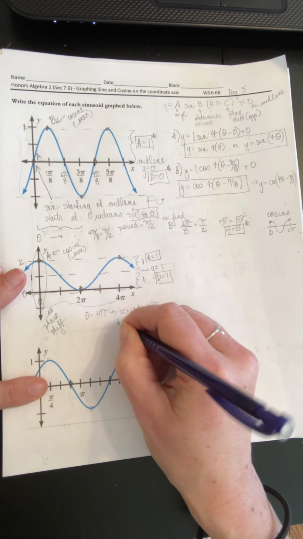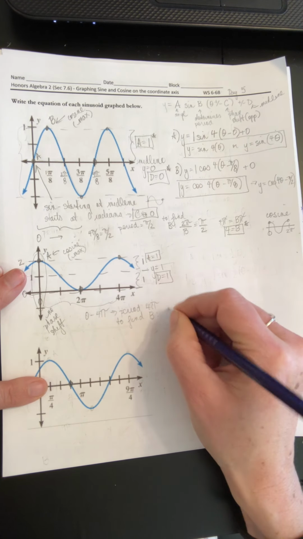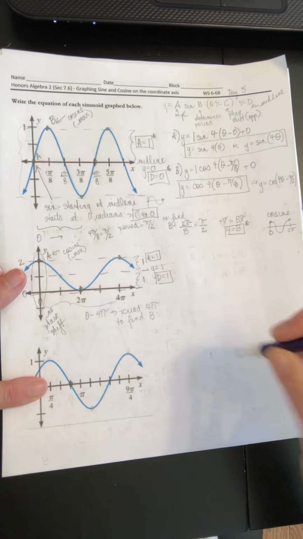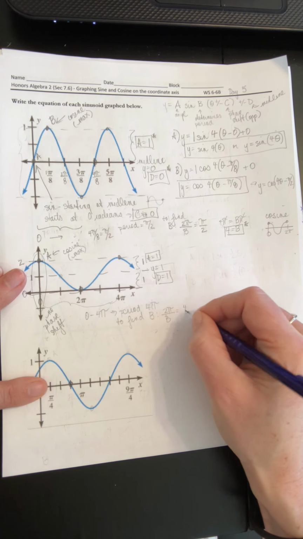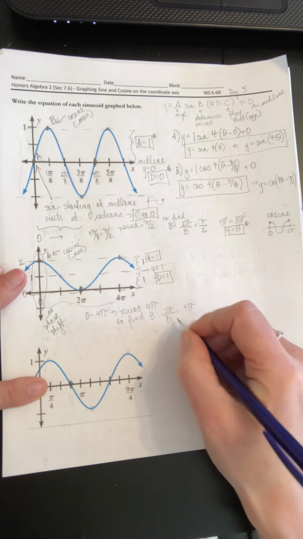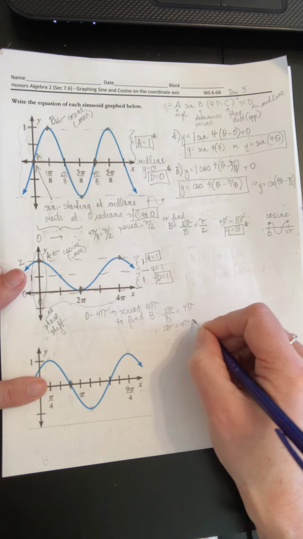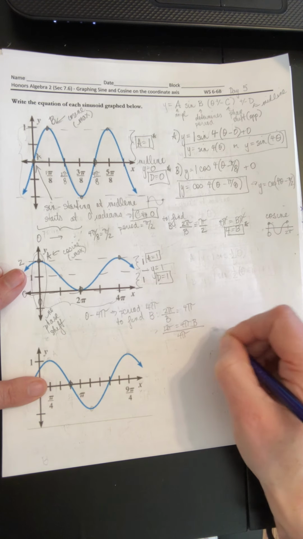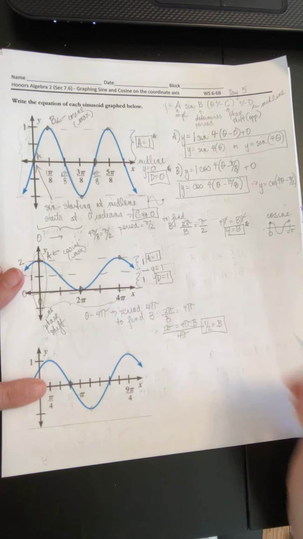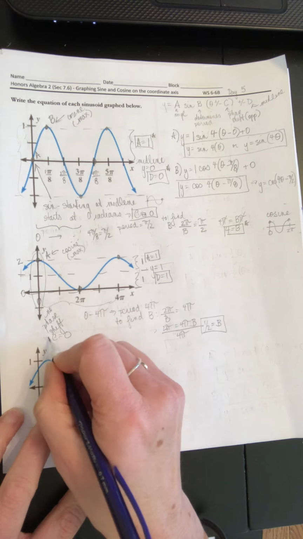So therefore, to find B, we're going to do 2 pi divided by B equals 4 pi. Cross multiply. So I get 2 pi equals 4 pi B. Divide by 4 pi. And then therefore B is 1/2. So there's no phase shift, sorry, jumping back to this. So C is just 0.